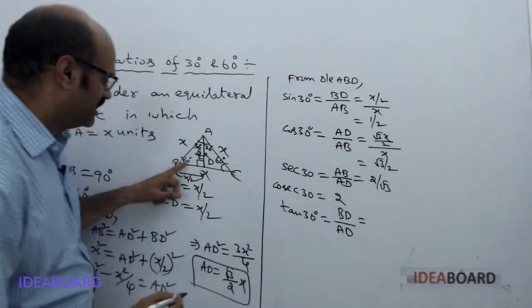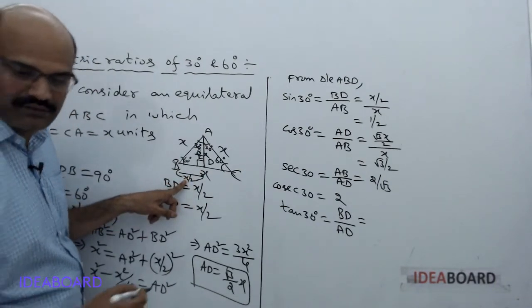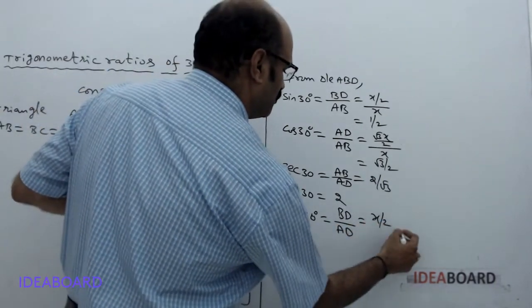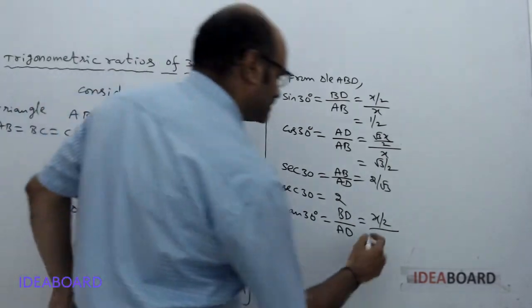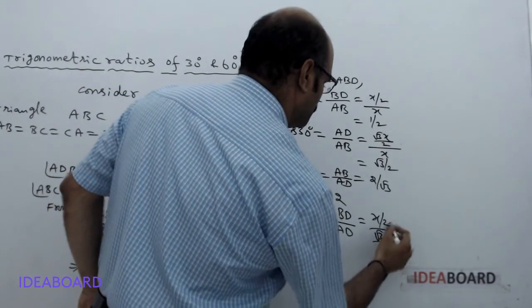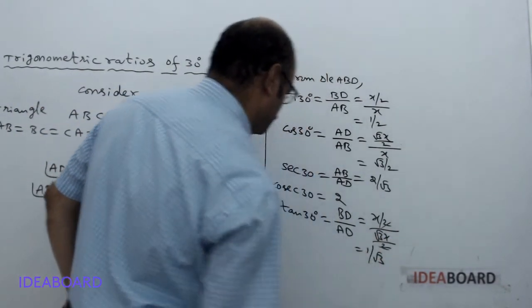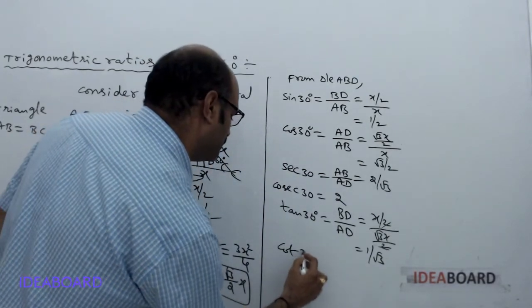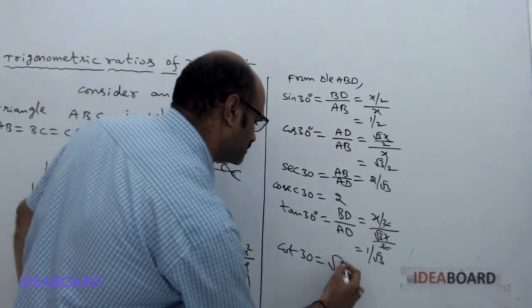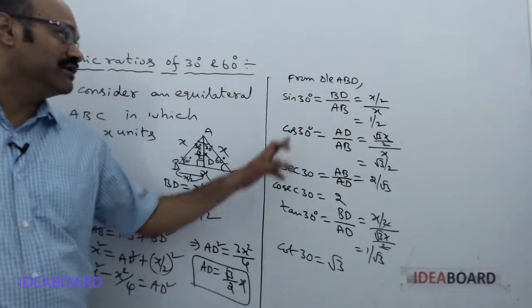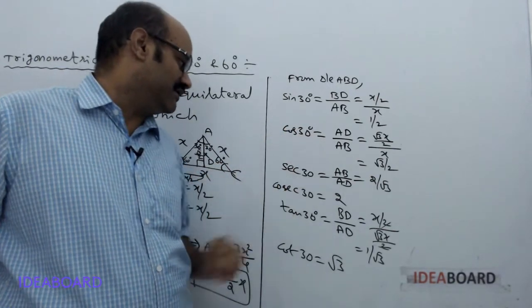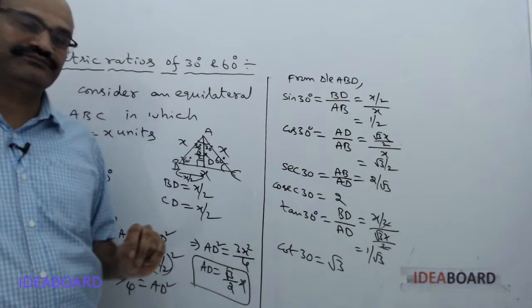BD length equal to x by 2, so x by 2 whole by root 3 x by 2, so equal to 1 by root 3. Cot 30 equal to reciprocal of tan, so equal to root 3. So these are the values of sin 30, cos 30, tan 30.